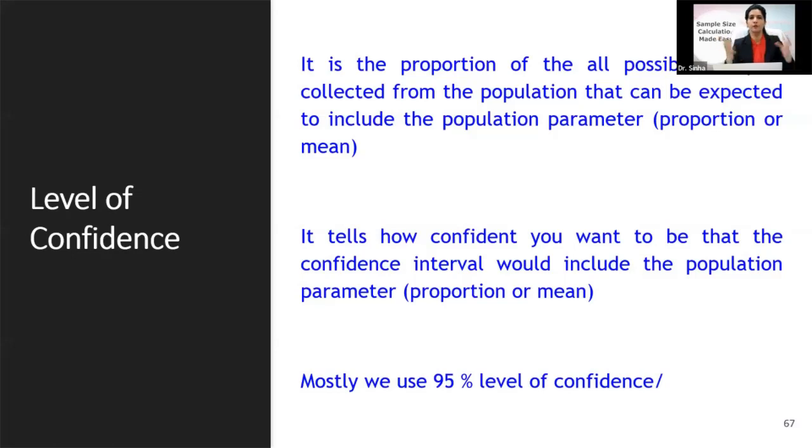From a population, you withdraw many samples, and this level of confidence tells you how confident you are that all those samples withdrawn from that population will have the population parameter in that interval. Mostly we use the 95% level of confidence. That means we are 95% confident that the population parameter will lie between those two margins. We will see this shortly in an example.